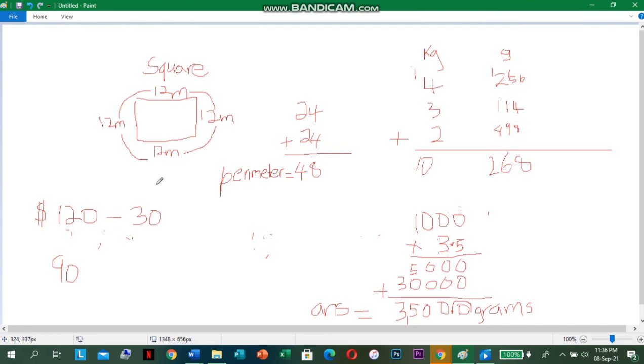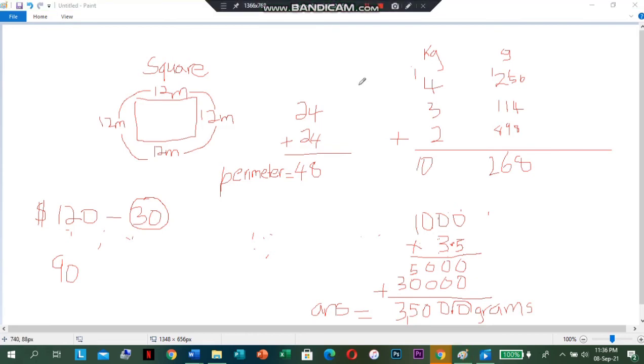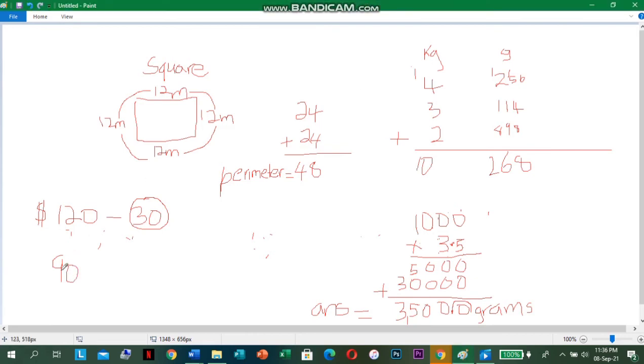Good. So I took this $30 out of the 120 and I'm going to put it on one side. Now I'm left with $90.